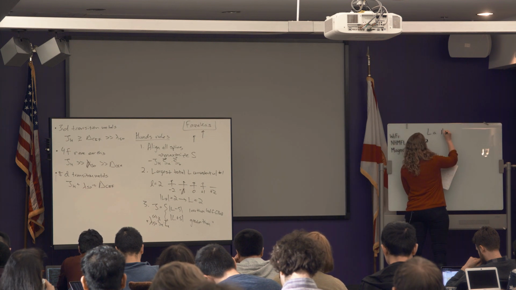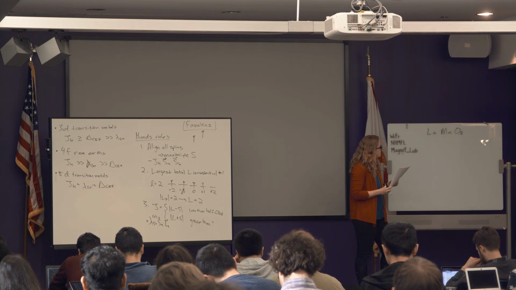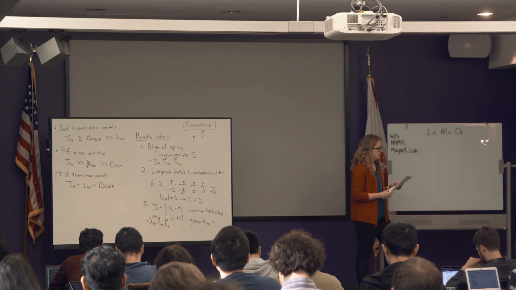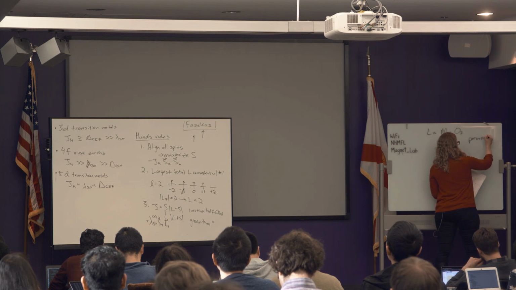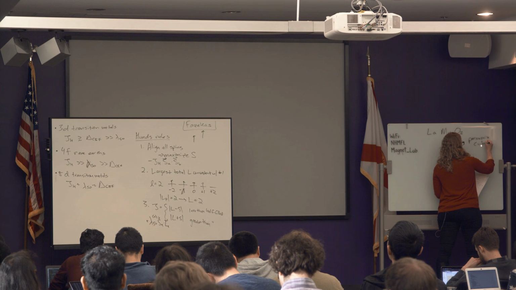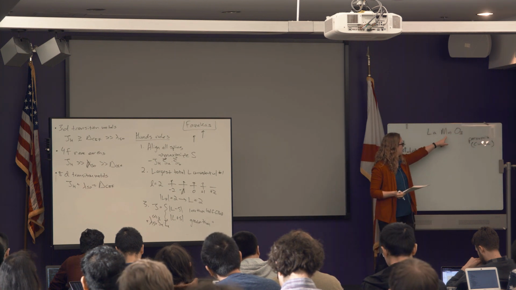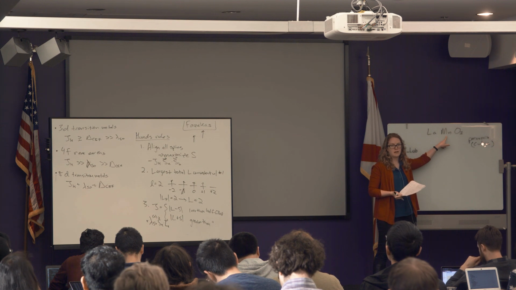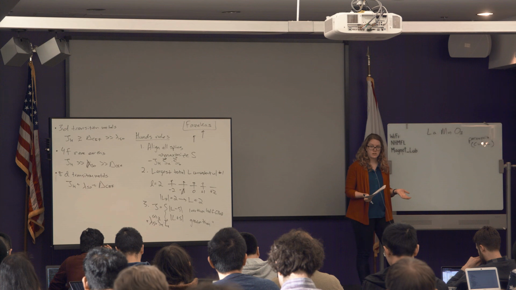So here is lanthanum manganese O3. This is in a perovskite structure, which is cubic. And I know that my manganese is going to be my magnetic atom here. So the first thing I want to know is how many d electrons do I have?